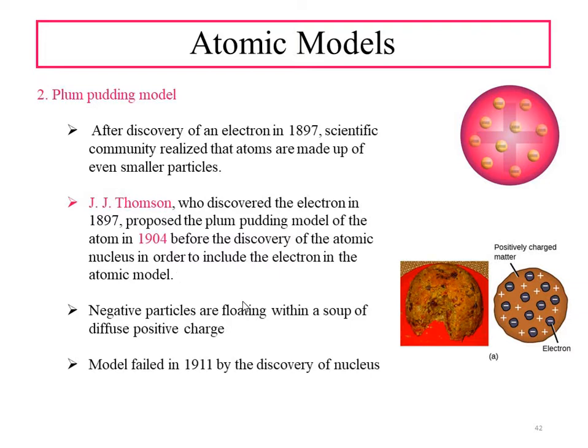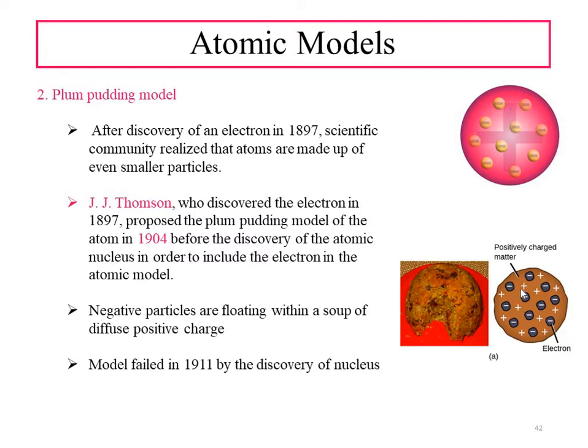Before the discovery of the atomic nucleus, in 1904, in order to include the electron in the atomic model, he said there is a sea of positive charge, and within that a few electrons are dispersed.